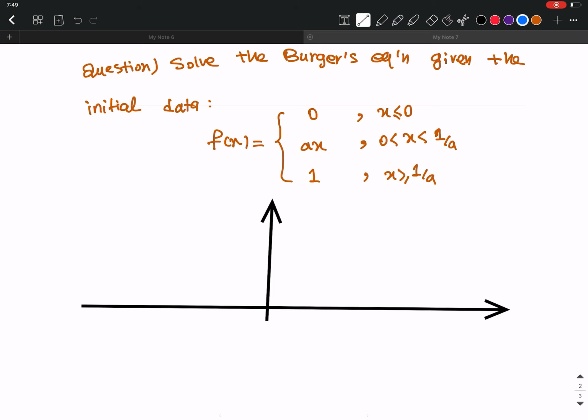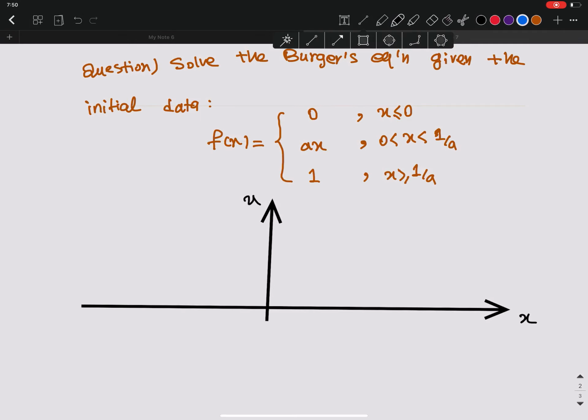Let me just write it here before that. So this is the x and this is t. And I want to show u or f(x) at t equals 0. Let me show this function. How does this look?